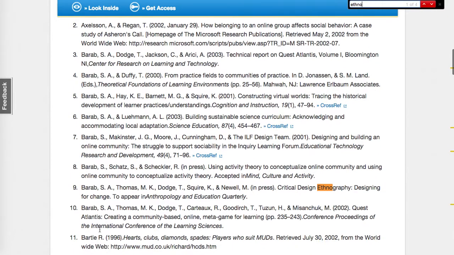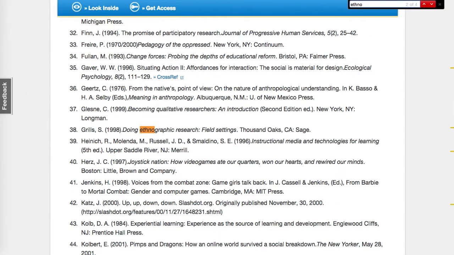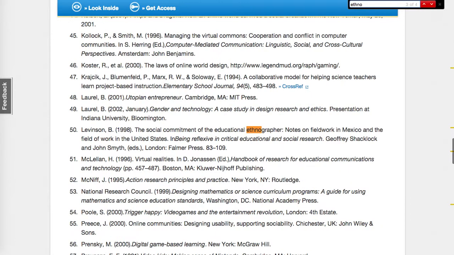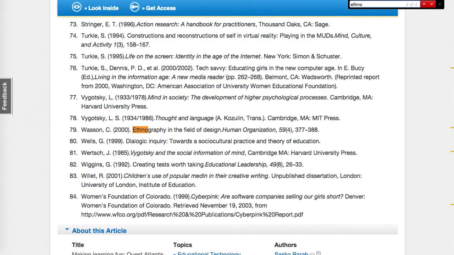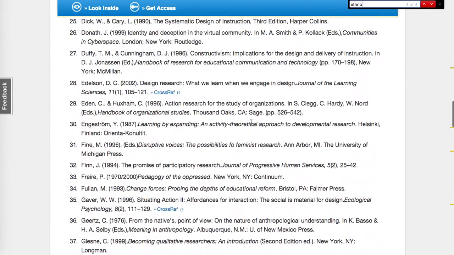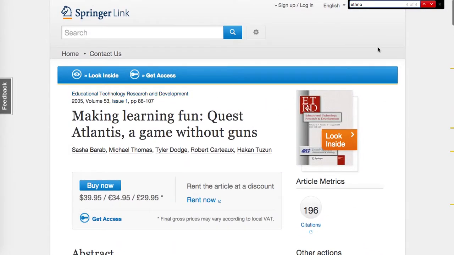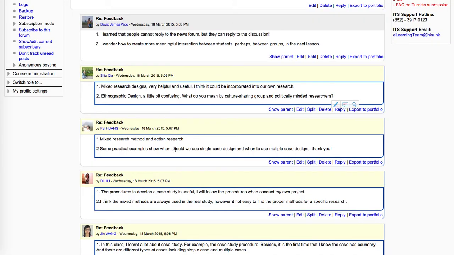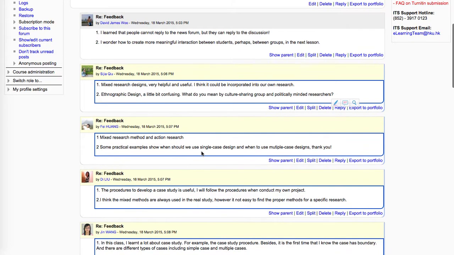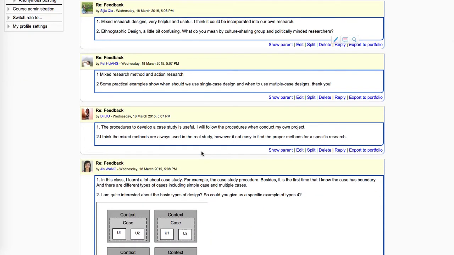So you can find out how this author learned about ethnographic design through this book, or no, that article, this book, this article, no, this is a book, and this article. So you can find not only examples of research using ethnographic design, but also the kinds of resources that the authors use to learn about ethnographic design. Okay, so that is ethnographic design, how we can learn more about it. I will share a bit more about case studies shortly.